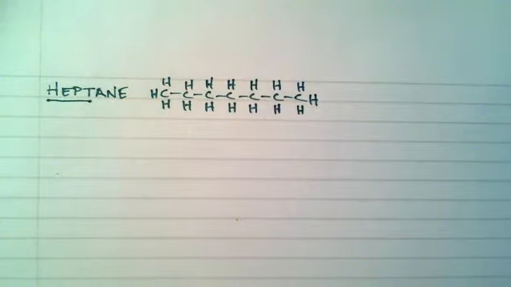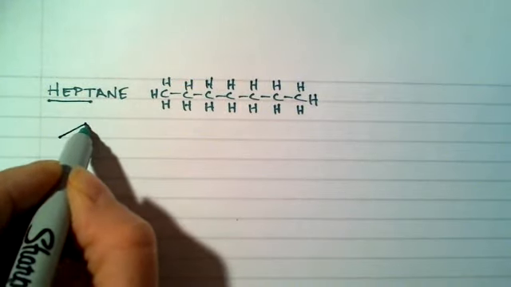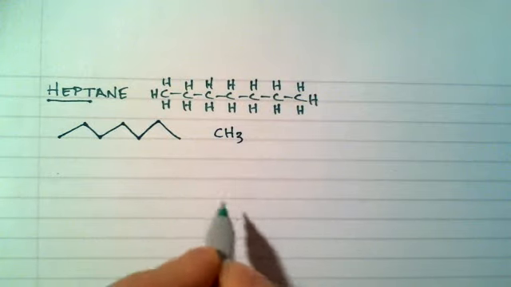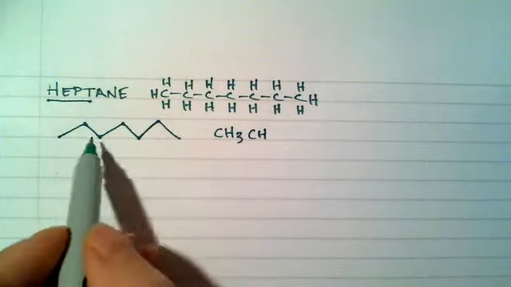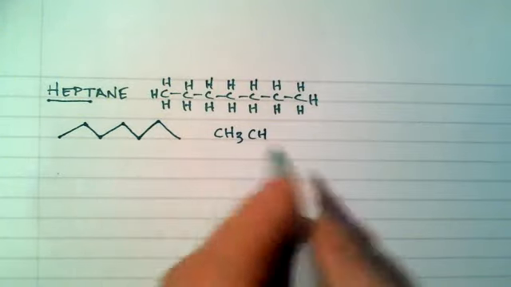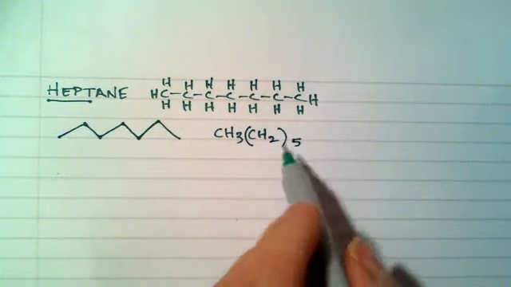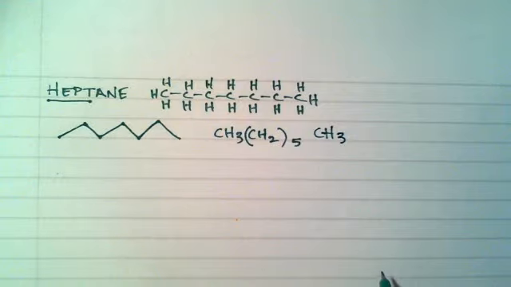That would be the structural formula. The line angle is your first carbon, second, third, fourth, fifth, sixth, and finally 7th. This is, of course, condensed structural. We would write CH3, and I would write CH2 1, 2, 3, 4, 5 times, or quite simply, I would say that that repeats 5 times and indicated like that, and then put a CH3.